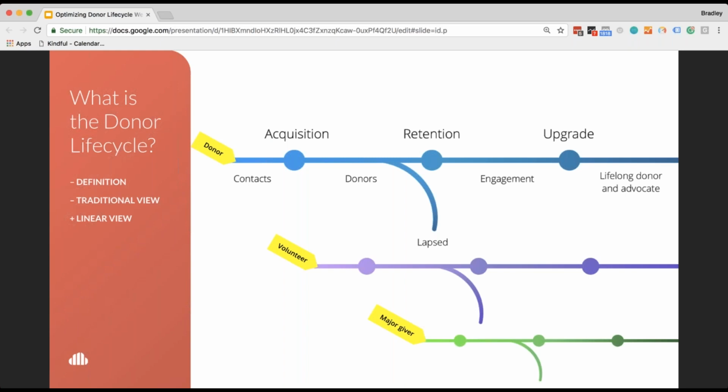So you may have just a standard donor life cycle, one where once someone gives you a gift, you want to make sure you thank them, you acknowledge them, you start the process of making sure that you retain them year over year, and then ultimately try to move them to some sort of ultimate goal, which may be a major donor. It may be that you want them to just be a recurring donor, or more of an advocate because they have a very strong network.